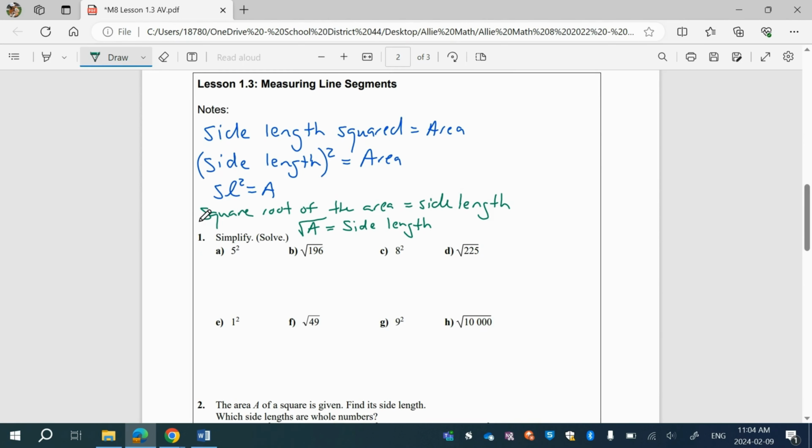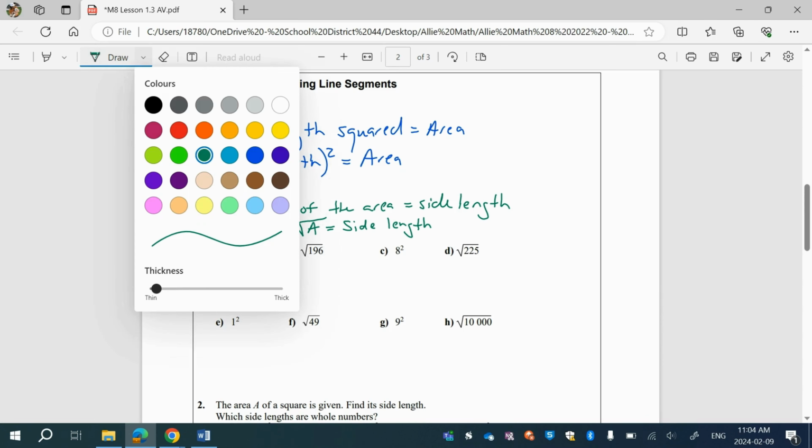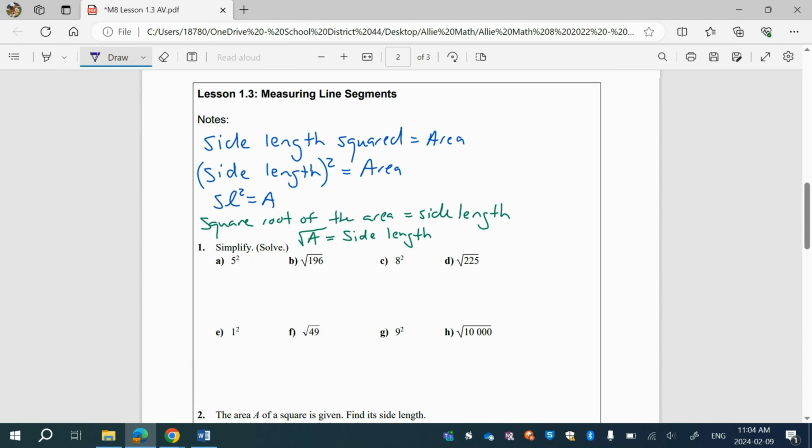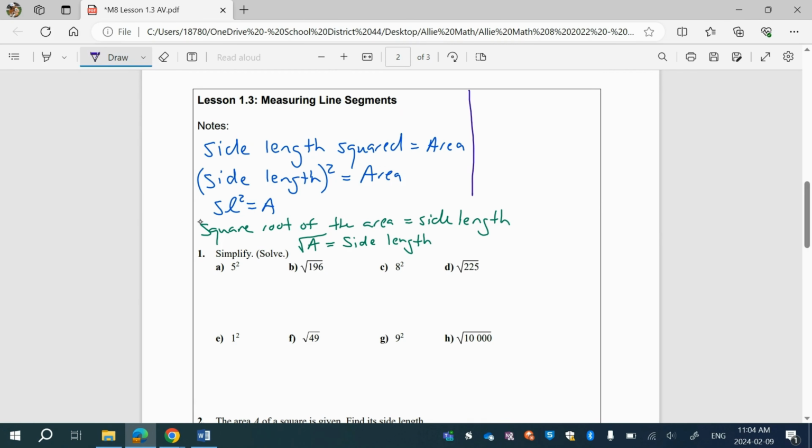I was going to put another thing here. I might have run out of space for myself. Maybe I could make this a little bit smaller. The other part that I was going to show you, and maybe we have just some room right here, is, well, I wanted to remind you of the formula for the area of a triangle.